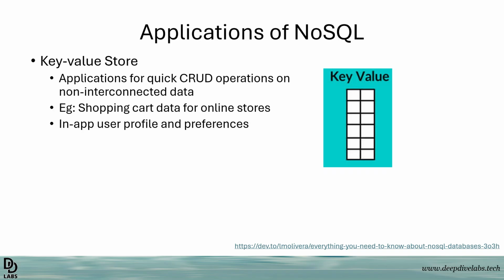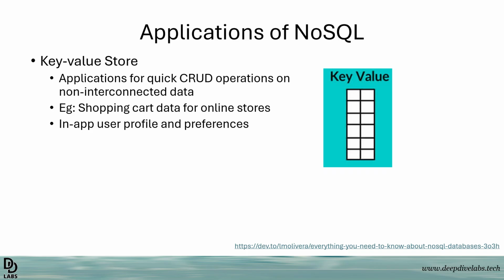So what are some typical applications? Applications which need quick CRUD operations on non-interconnected data are typically applications for key value. Some examples are shopping cart data for online stores, right? There might be shopping carts which can have up to 10 or 15 different items, and all of this needs to be stored in a data store, typically a key value store.